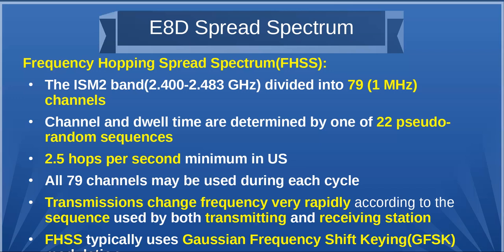And they normally use the Gaussian frequency shift keying, which is just another modulated waveform. You use a Gaussian filter. It's kind of like doing the sine or cosine shaping. It uses a Gaussian filter shaping, which rounds the waveform off so that you get rid of some of the harmonics. And it supposedly makes it easier to decode it.